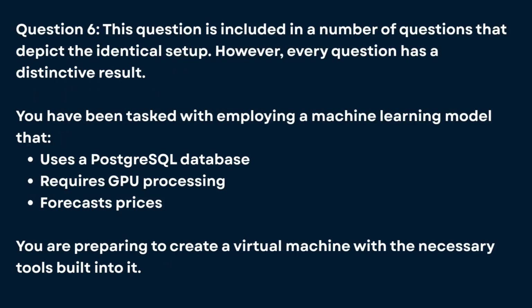Let's move on to question 6. This question is part of a group that shares the same setup, but each one leads to a different answer. You are working with a machine learning model that uses a Postgres database and requires GPU processing to forecast prices. You are preparing to create a virtual machine with all the required tools built in.